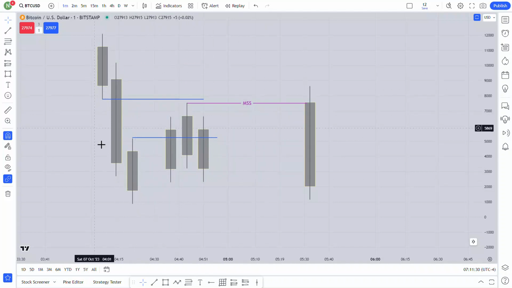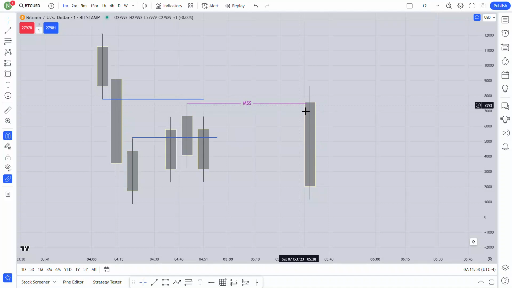Otherwise, if there is no fair value gap which this swing high has traded, then it needs a swing high which is lower than this swing high on both its sides. So it needs one requirement out of two. If it gets any of them, it will be eligible for shifting market structure.